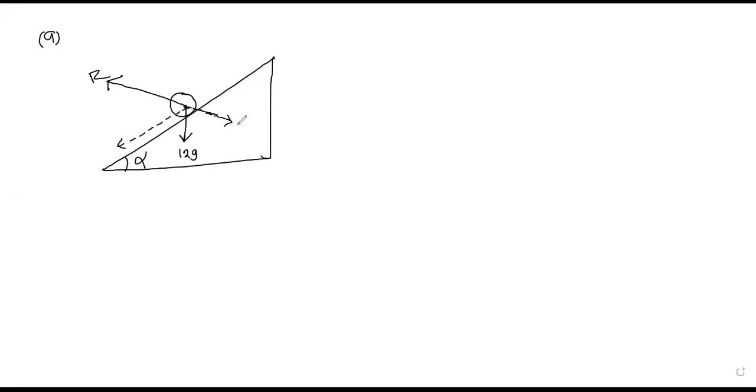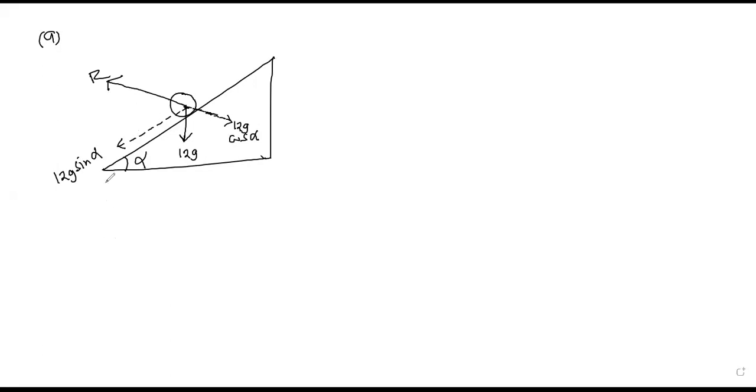So the component here is 12g cos alpha, and the component here is 12g sin alpha.